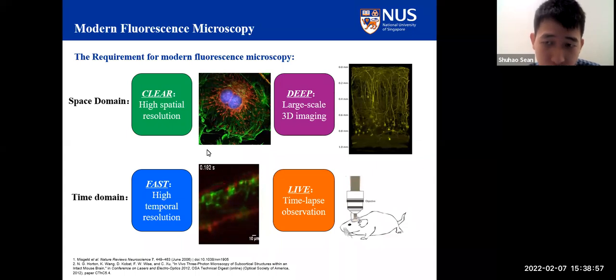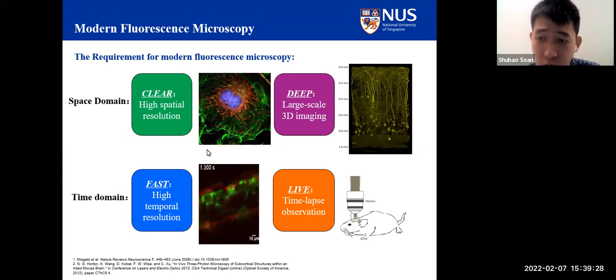In the space domain, the imaging modality should be able to image at very high resolution, usually resolving down to the subcellular level. The second space domain requirement is to image deep, which means the penetration depth should be large enough to cover a large ROI, region of interest, in animal organs such as the mouse brain.